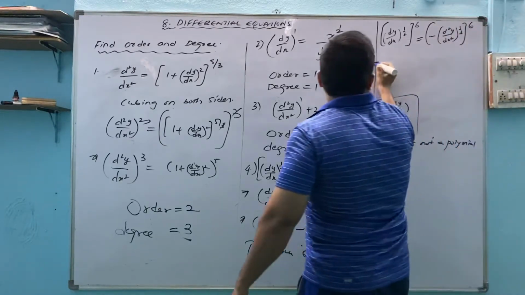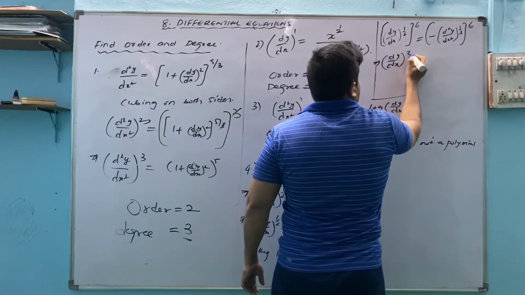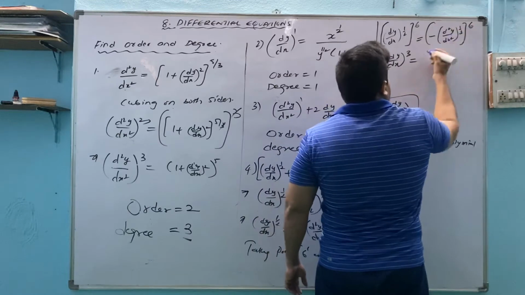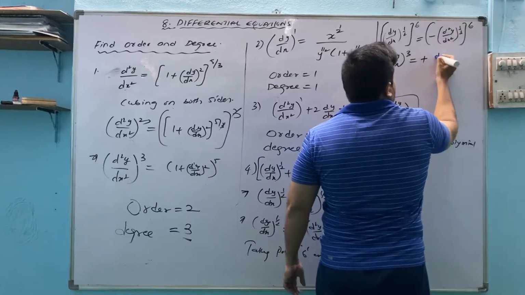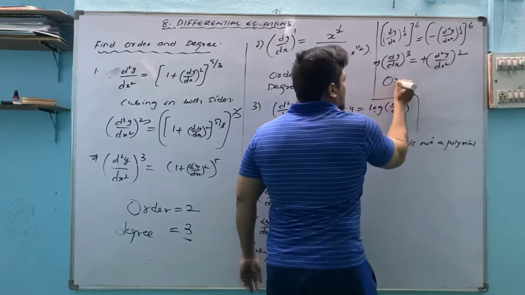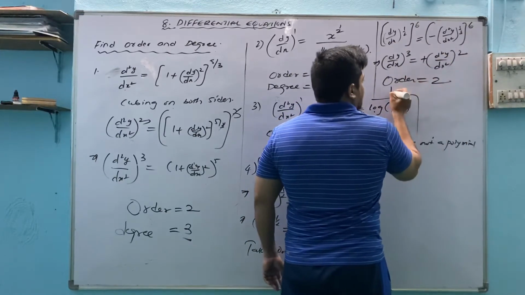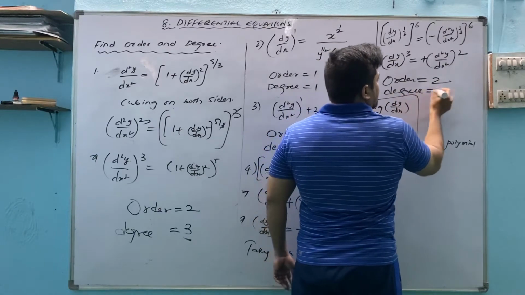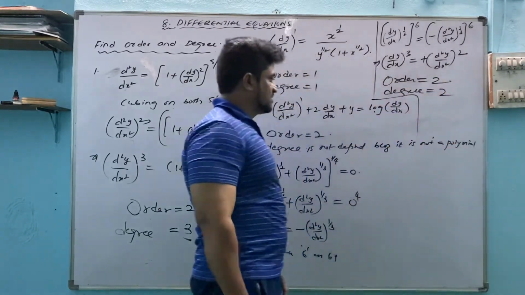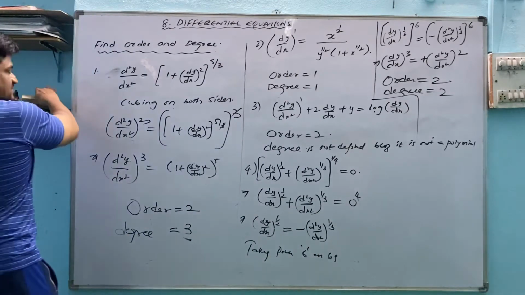Now 2 threes are 6, (dy by dx) power 3, minus 6 times is positive, 3 twos are 6, (d square y by dx square) power 2. Now the order is 2 and the degree is also 2. So you can remember this one. If you follow 3-4 times, you will get it.